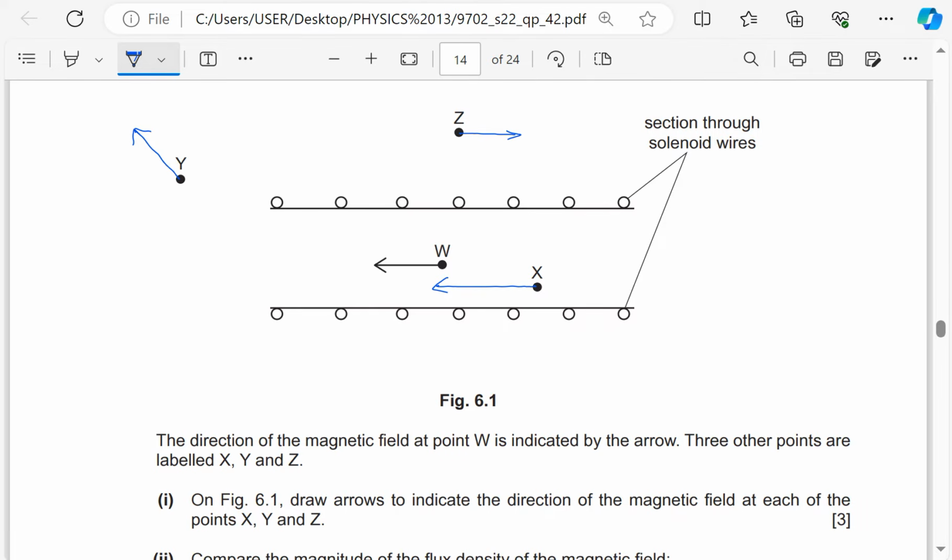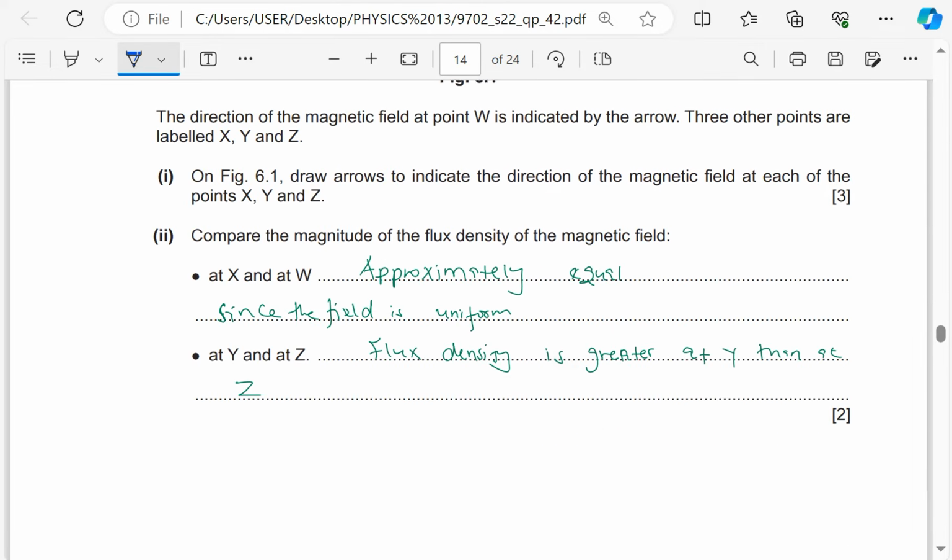So Y is closer to the end, which means the magnetic field is stronger than outside. So it is greater than Z. Okay.